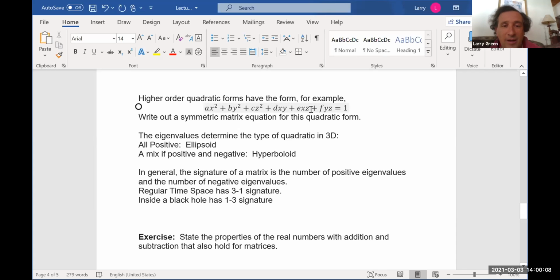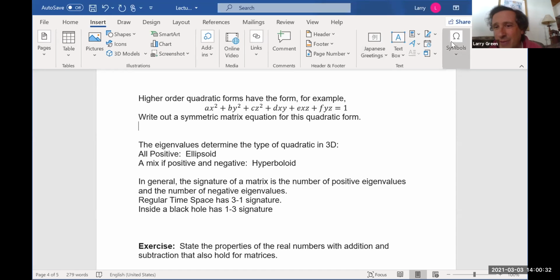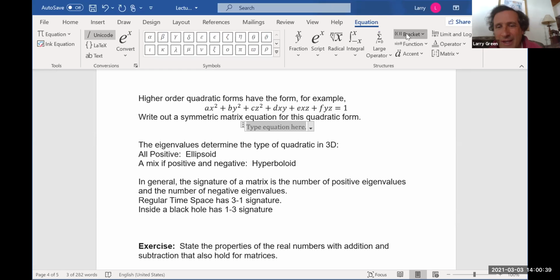On the other hand, if we have ax squared plus by squared plus cz squared plus dxy plus exz plus fyz, we can actually write this as a matrix equation. The nice thing is it's basically what we just did, except we're going to have xyz instead of just x and y. So more typing.